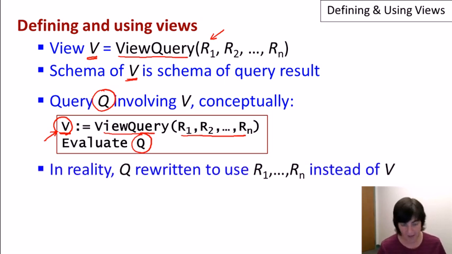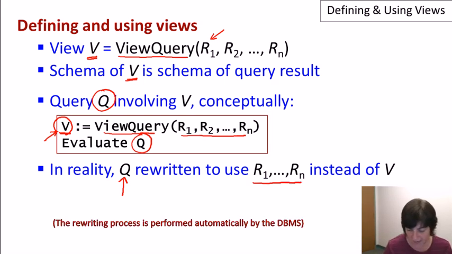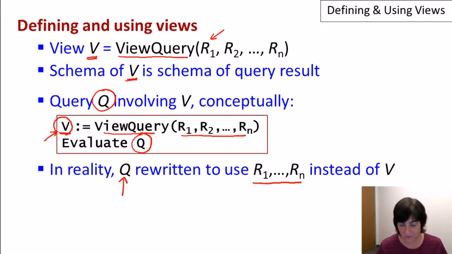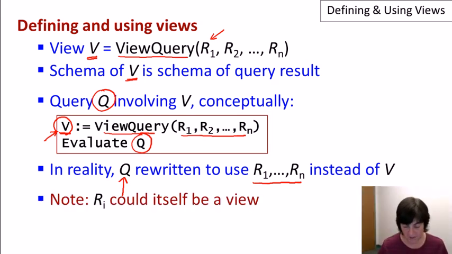Now, in reality, what happens is the query Q that references V is actually rewritten to use the tables R1 through Rn that are in the definition of V instead of referencing V. And we'll see that in our demo. And as I mentioned, the Ri's, these tables that are referenced in the view definition, can themselves be views, as we saw in our diagram earlier with those purple squares.